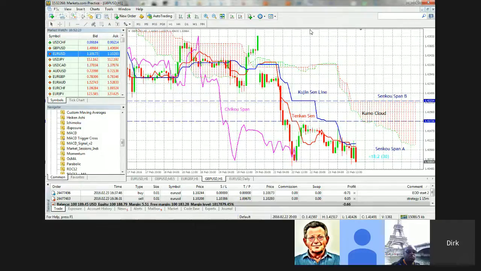This is price itself breaking from inside the Kumo cloud to the outside. So here we see price trading inside the cloud and then going and breaking from inside to the bottom. That is technically a sell signal based on the Kumo break signal.